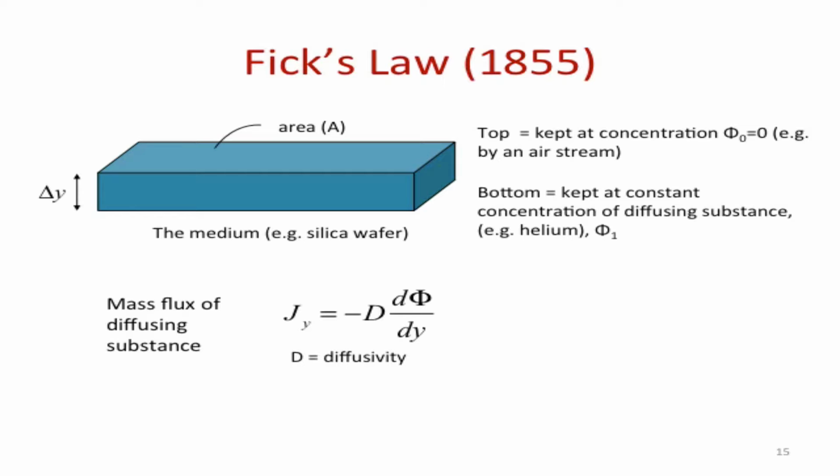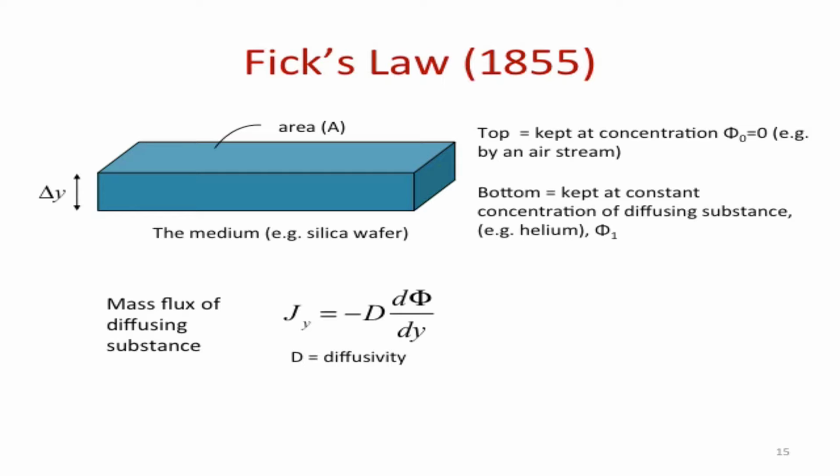So this is now a concentration difference. Let's say that I'm diffusing through a silica wafer, and I keep the concentration at two different ends of that wafer different, and I find a way to keep them constant.